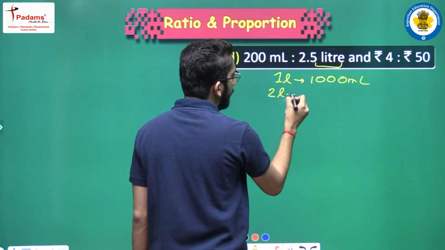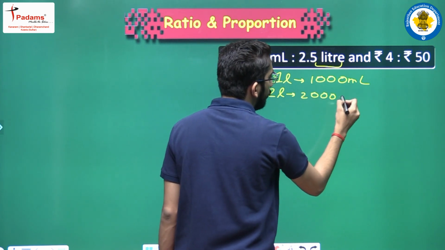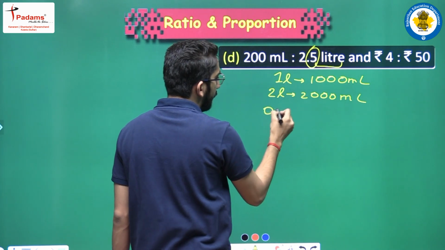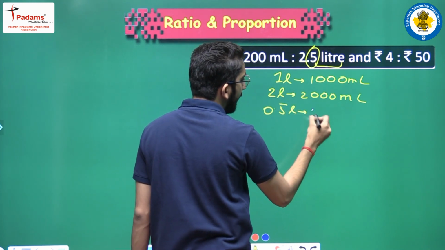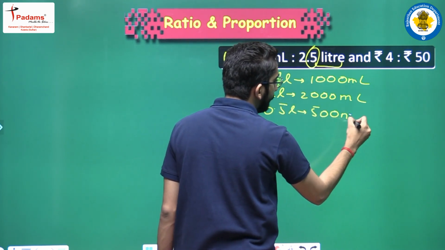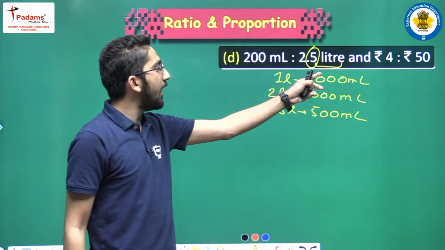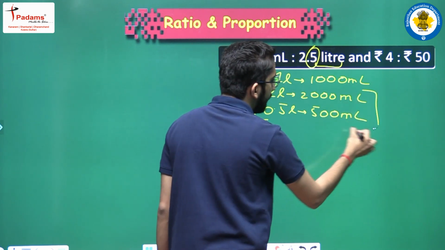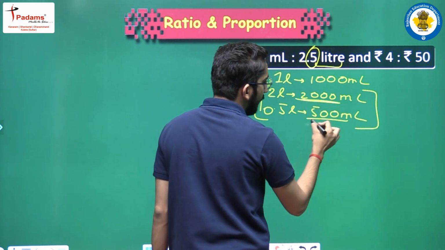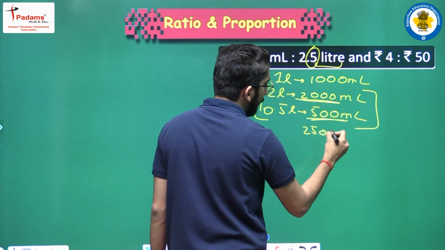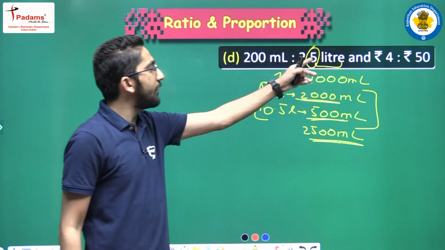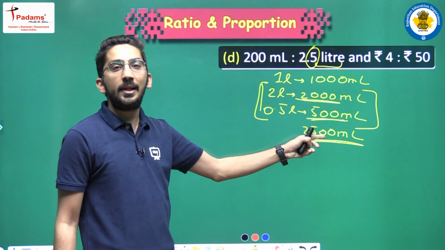So 2 liters will be 2000 ml और 0.5 लीटर कितना होता है, 500 ml. So we have 2.5, that means 2 plus 0.5. So this will be 2000 plus 500, that will be 2500 milliliters. तो मैंने 2.5 लीटर्स को कन्वर्ट कर लिया है मिलीलीटर्स में.